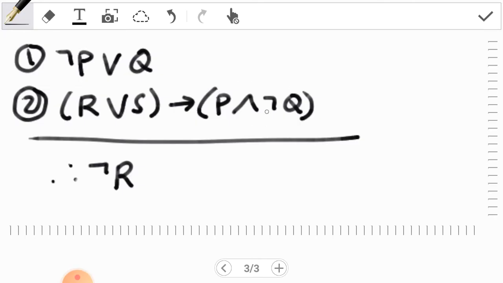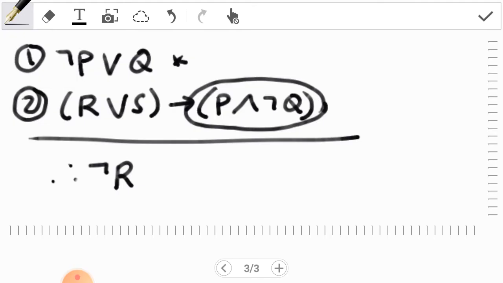So how do we get rid of this? Since we want to use 2 lines, most likely we will go through the list of the rules of inference. Under the rules of inference, since we are looking at the second part of this conditional statement here, we are comparing it with this proposition here.